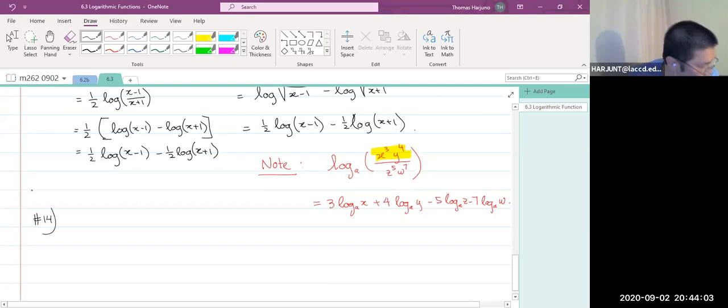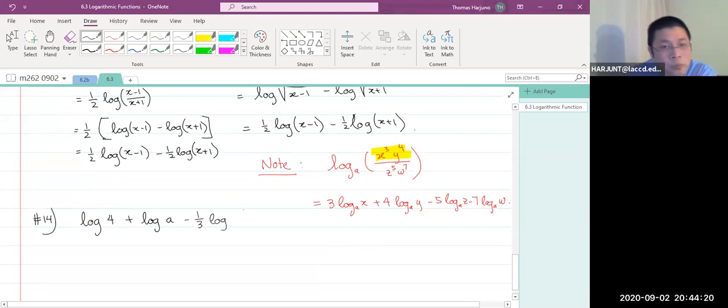Number 14, log 4 plus log a minus 1/3 log (a plus 1).